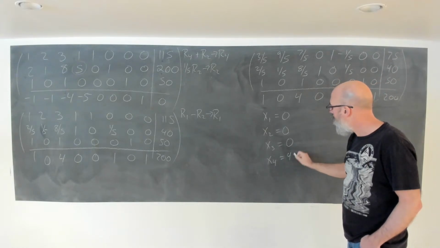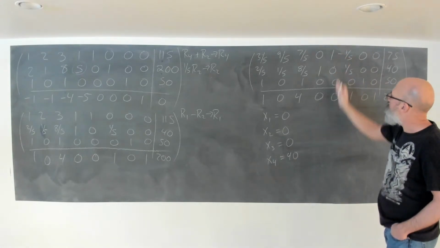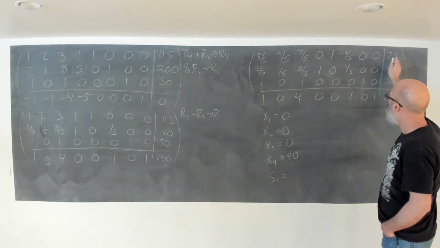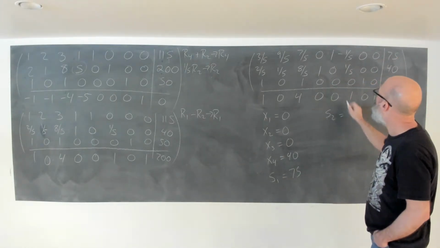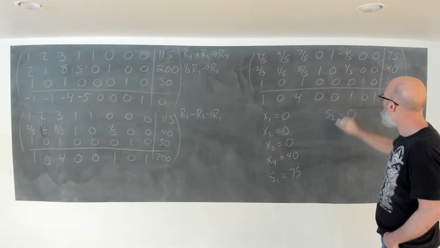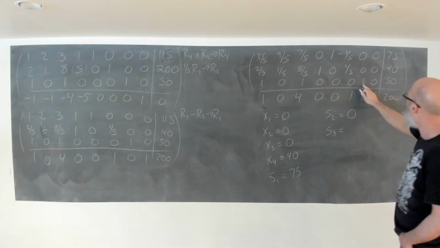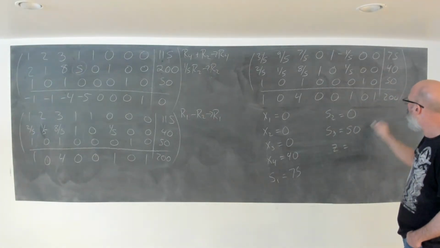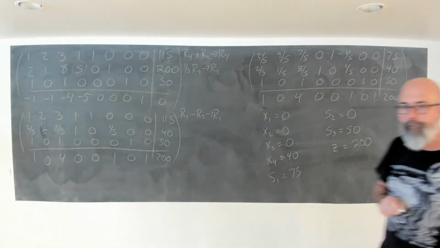X4 is 40. This is S1. S1 is 75. S2 does not have a leading 1. S2 is 0. S3 has a leading 1. S3 is 50. And finally, Z is 200.